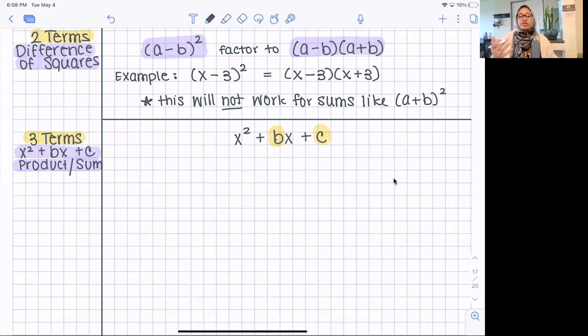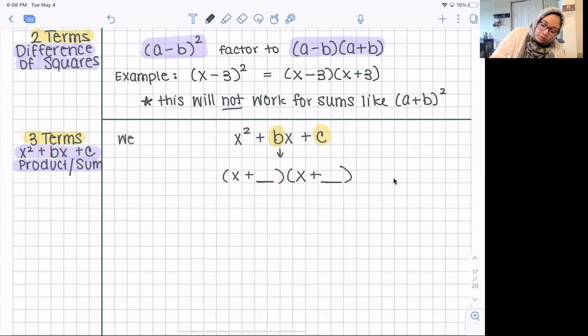And this is eventually going to turn into two binomials that look like this: x plus some kind of number, and x plus some other kind of number, okay?